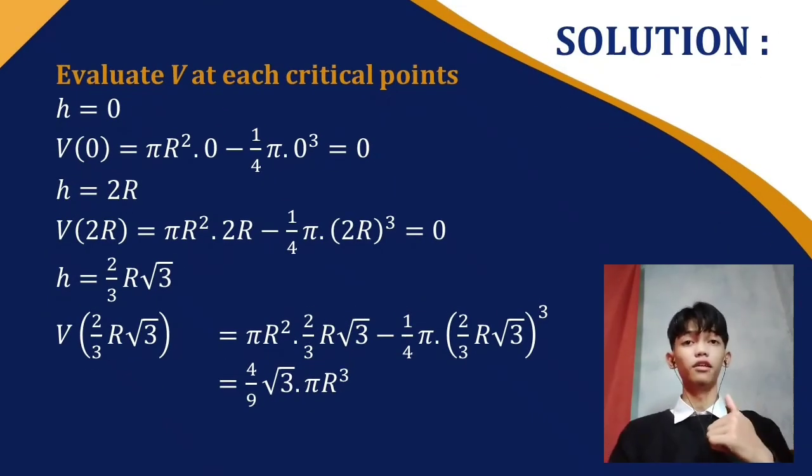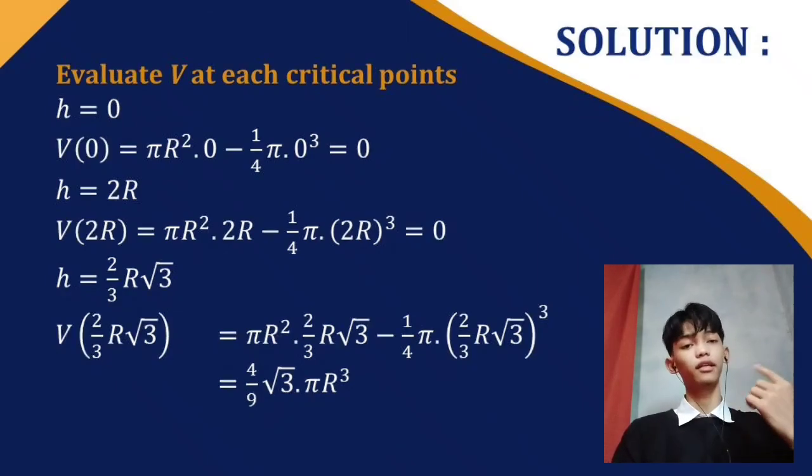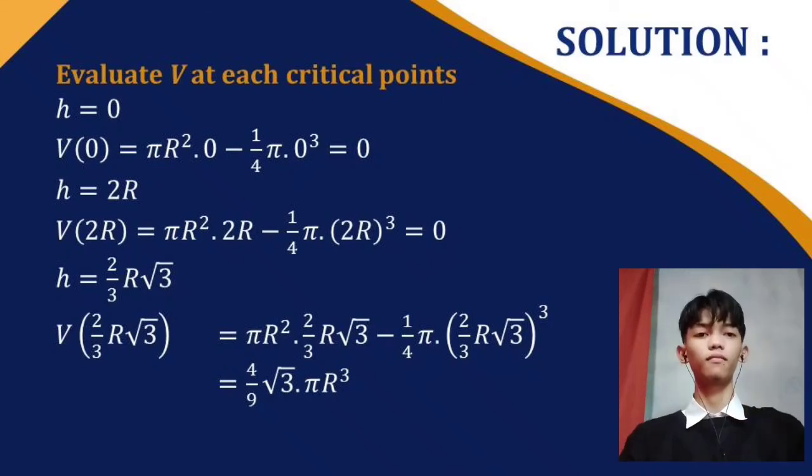The next step is to evaluate the value of V at each critical point. Before this, we have three critical points of V, that is H equal to 0, H equal to 2 times R capitalized, and H equal to 2/3 times R capitalized times square root of 3.